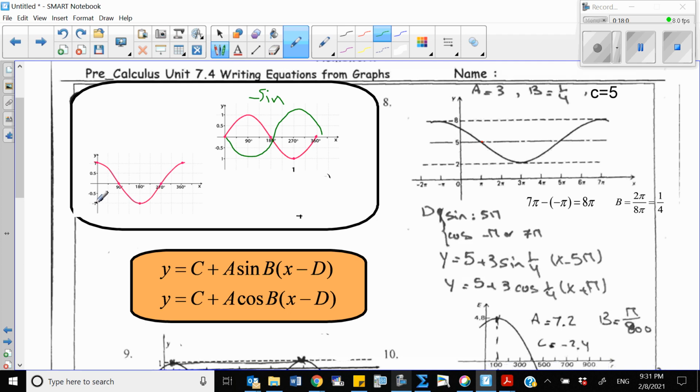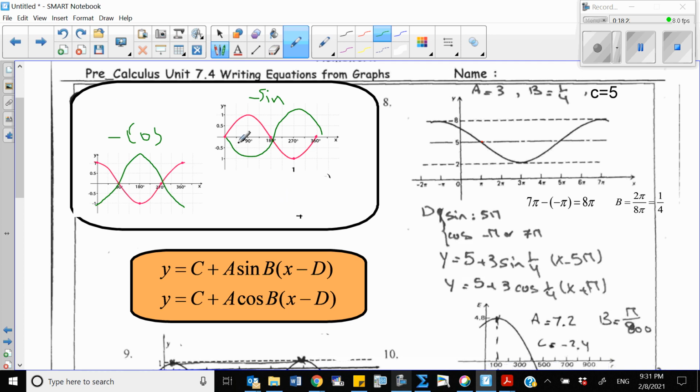Or if I reflect the cosine function over the x-axis, it's going to look like this. This is the function of negative cosine of x.